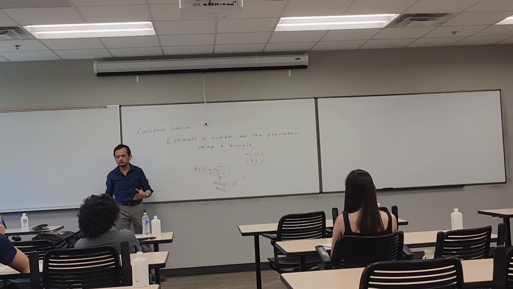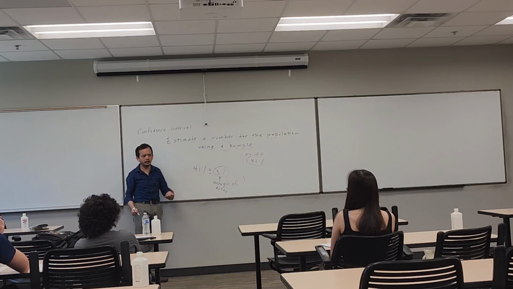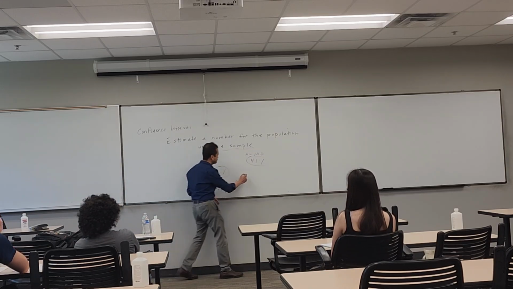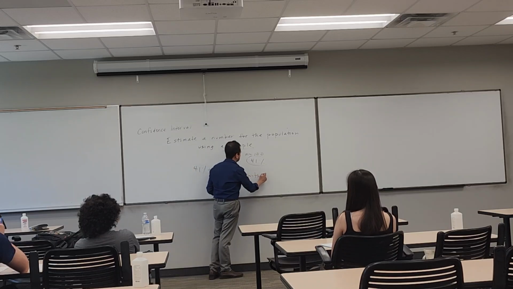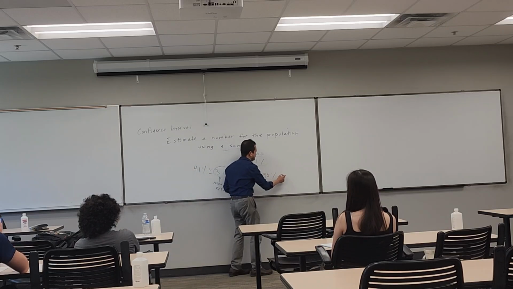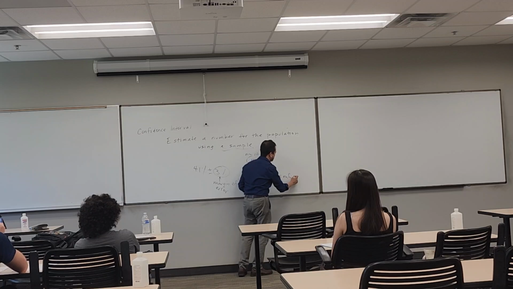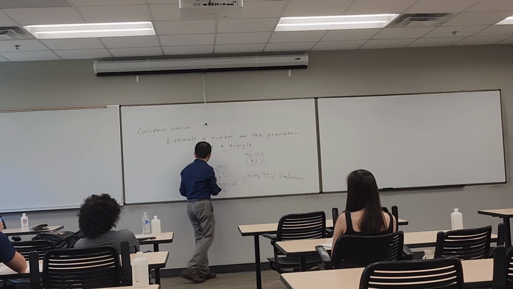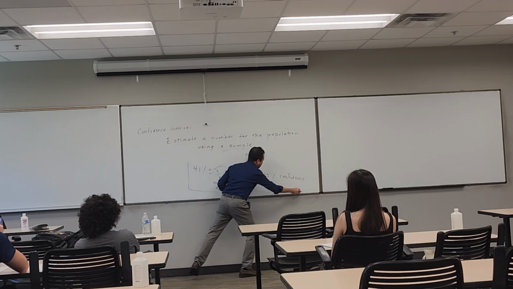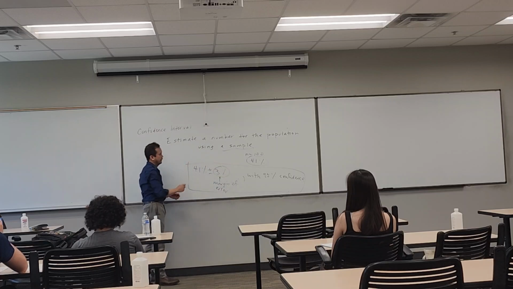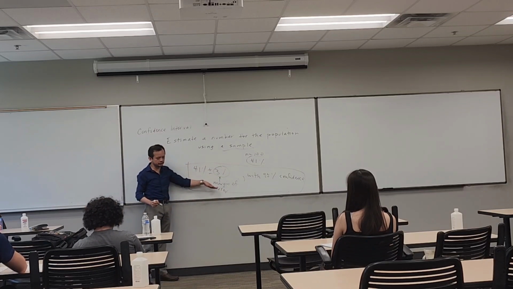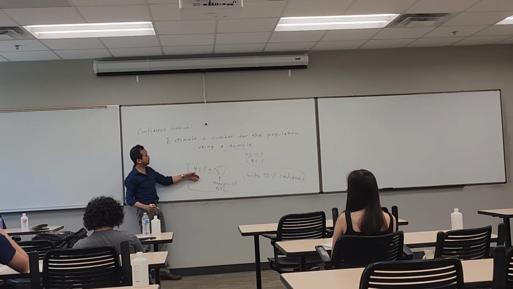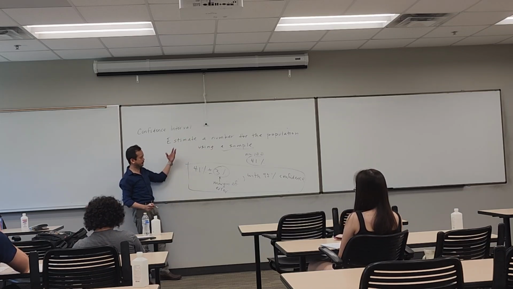And this will be true a certain percentage of the time that corresponds with the given confidence level. So this is an example of a confidence interval, a conclusion that we make to estimate a number for the population using a sample. And this is the best type of conclusion that we can make based on what we're trying to do.